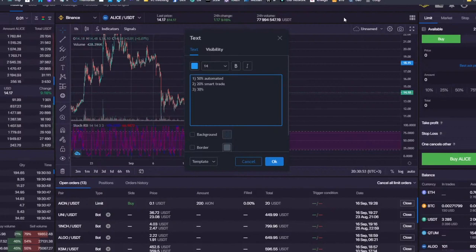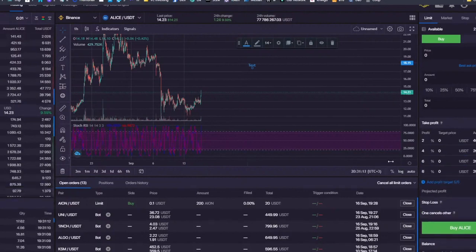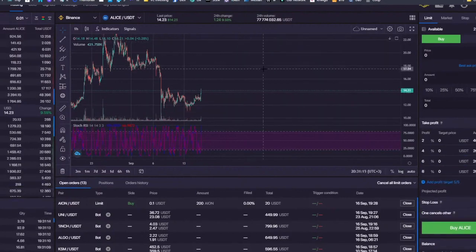Just buy crypto and hold it. In the smart trade mode, to which I allocate 20% of my entire balance, you have this perfect thing: multiple take profits. You can set up to 5, and that way you increase the odds that you will get out of the market with at least some profit.